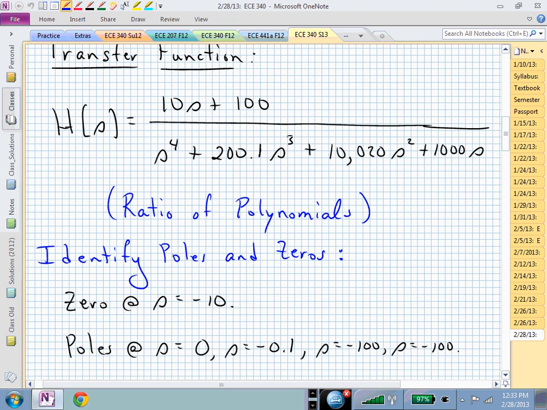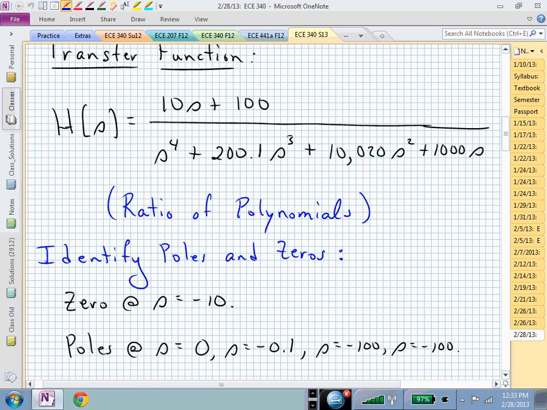Maybe that's about all we can tell from that formulation, and it might be nice then to identify the poles and the zeros, and we talked about how we could do that last time on your calculator or in MATLAB. I think it's pretty clear that the numerator has a zero, and it's located when S is equal to -10. The denominator polynomial may not be quite as obvious.